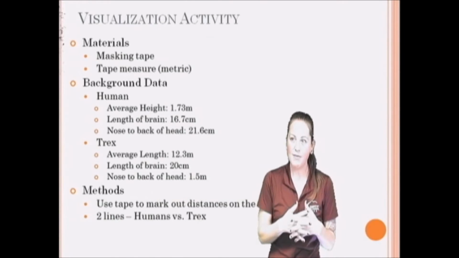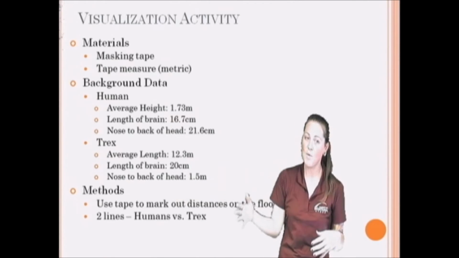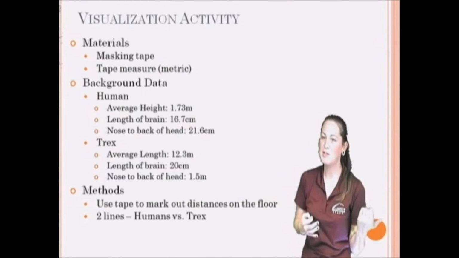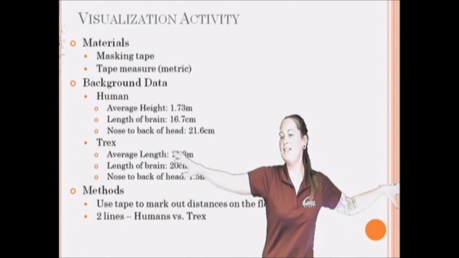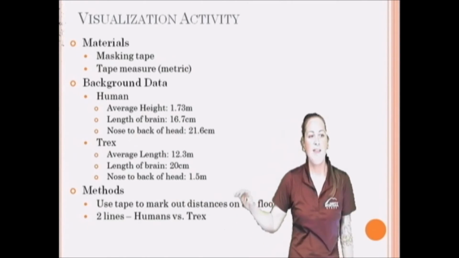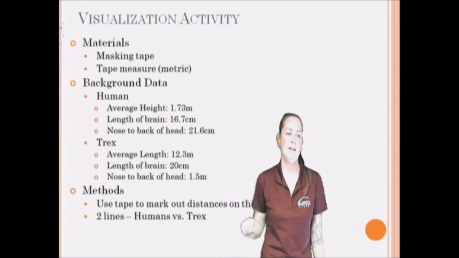T-Rex himself was 12.3 meters long, so that's about 40 feet long. If you had a chance to get a measuring tape and go out to the hallway, see if T-Rex would even fit in the hallway of your school. Then I also have some other measurements up here.